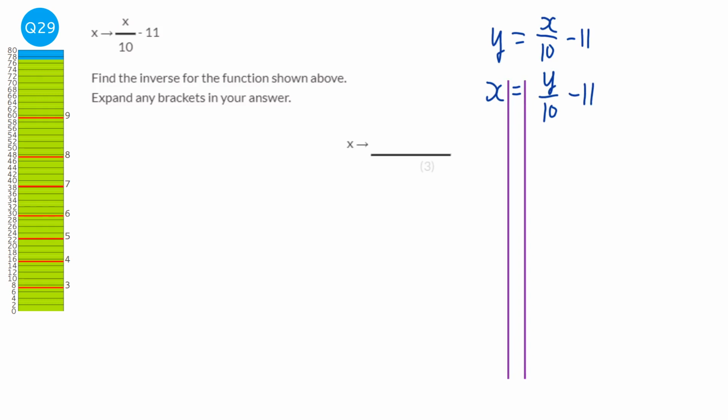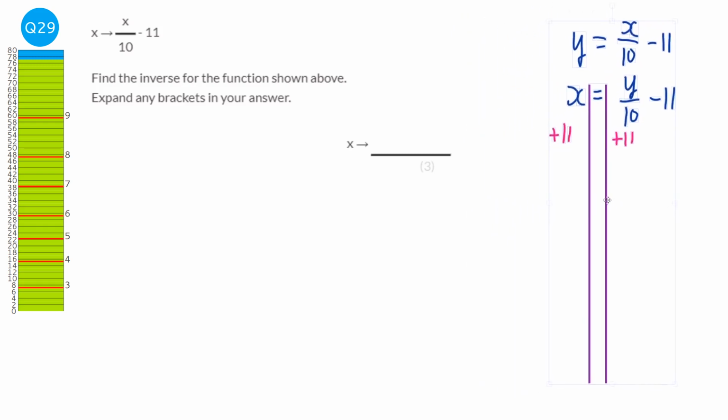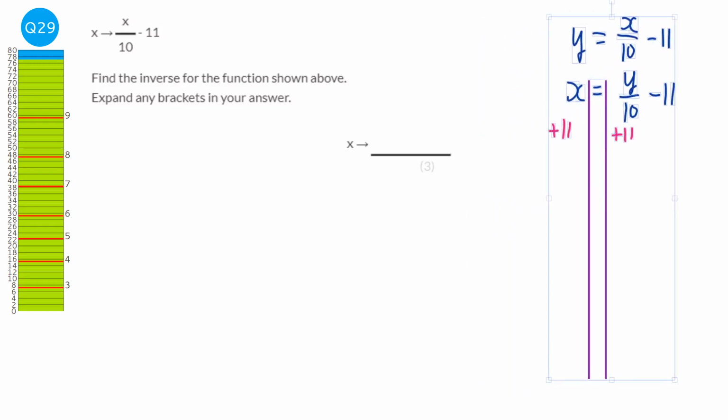So we're going to first of all add the 11 both sides. And I've made an amateur move here. I've not left myself enough room, so let's just scoot that across. Okay, so add the 11, so it would be x plus 11 equals y over 10. Next thing we're going to do is multiply by the 10 to get y on its own.